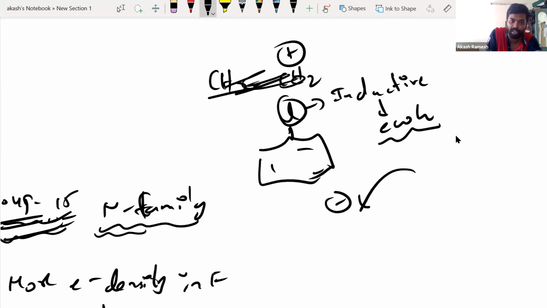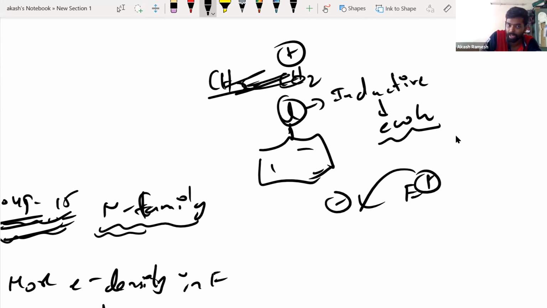Only if I have negative charge can it be attacked by the positive charge. Now, by the inductive effect, the electron is pulled by the chlorine, so obviously what I expect is a positive charge on the ring, because the electron is getting away from the ring.